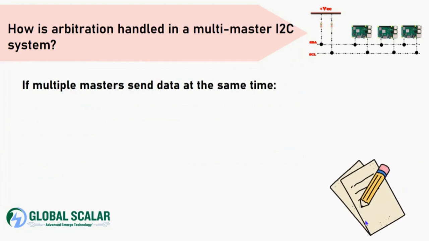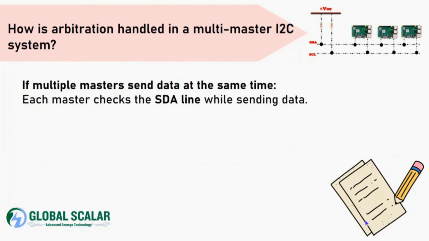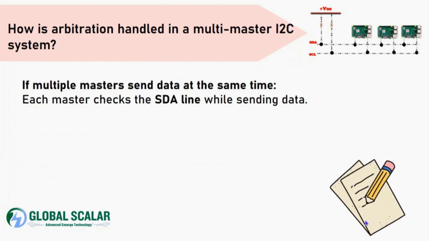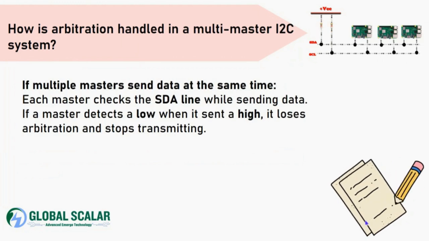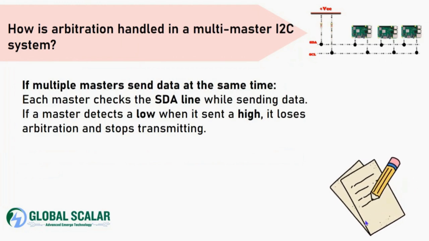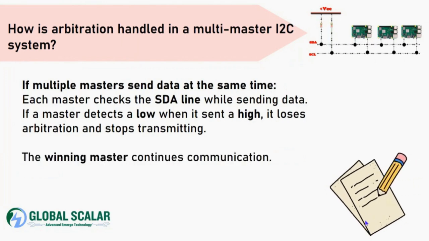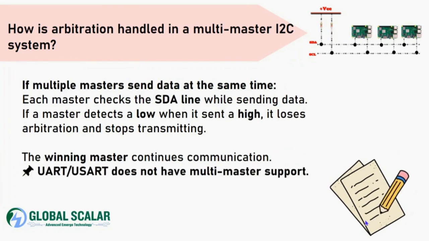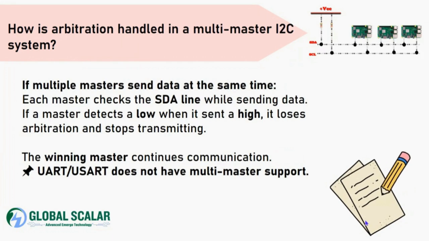If multiple masters send data at the same time, each master checks the serial data line when sending data. If a master detects a low when it sent a high, it loses arbitration and stops transmitting. The winning master continues the communication. UART doesn't have multi-master support.